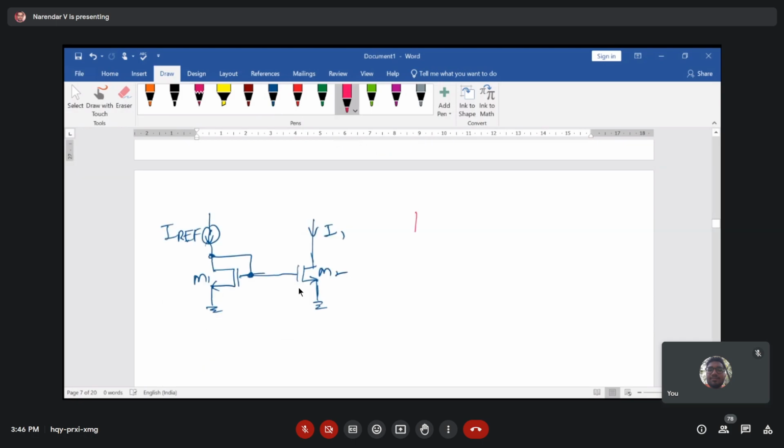If I require another, then I just take one more transistor, M3, connected to ground, and I bias this transistor from this point in such a way that this I2 is equal to twice the I reference.